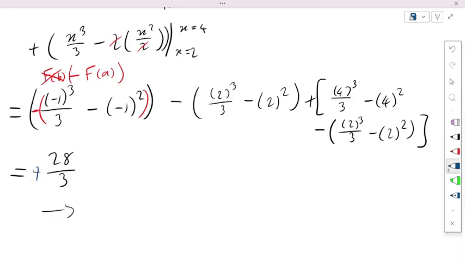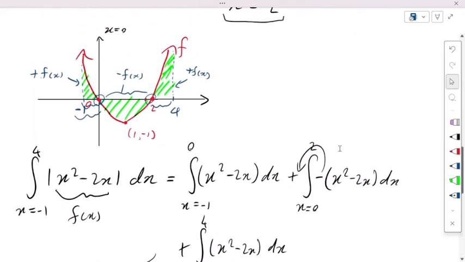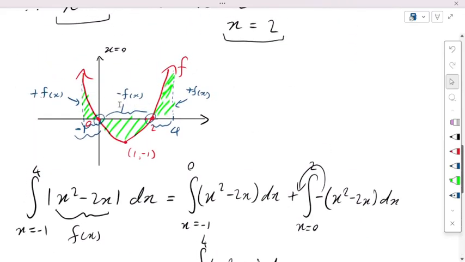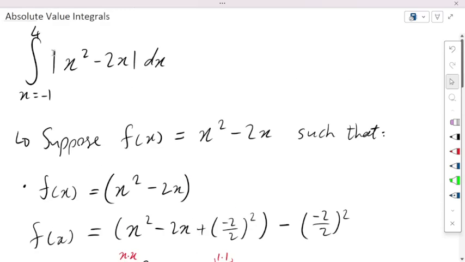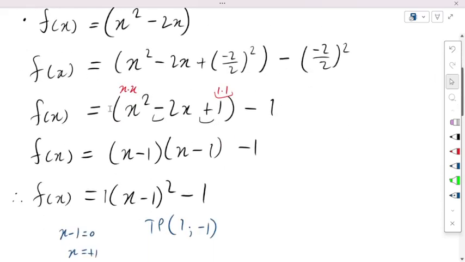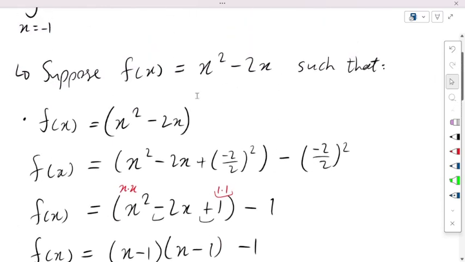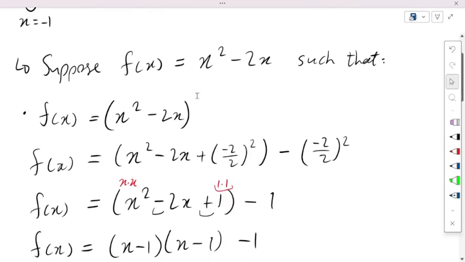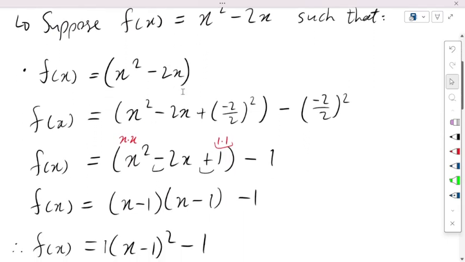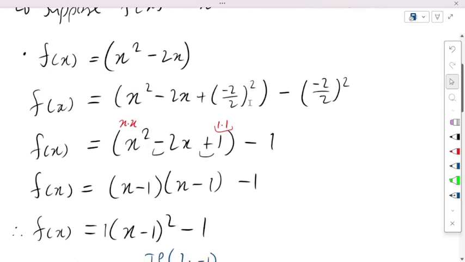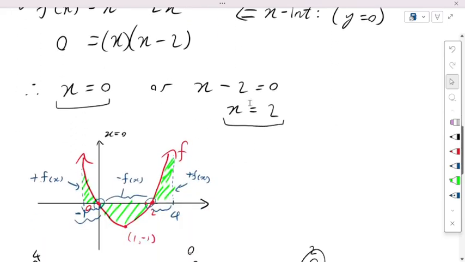Okay. And I think actually now that I look at it, this is basically all you do with absolute value integrals, right? Here's a summary of what we actually do. We have to obviously sketch the normal function first. So as you can see, we start off with the absolute value, but we need to suppose that f of x is equal to the original function without the absolute value. And then what do we do afterwards? Well, if you're doing a quadratic, complete the square, but the main goal is to sketch the function on a Cartesian plane.